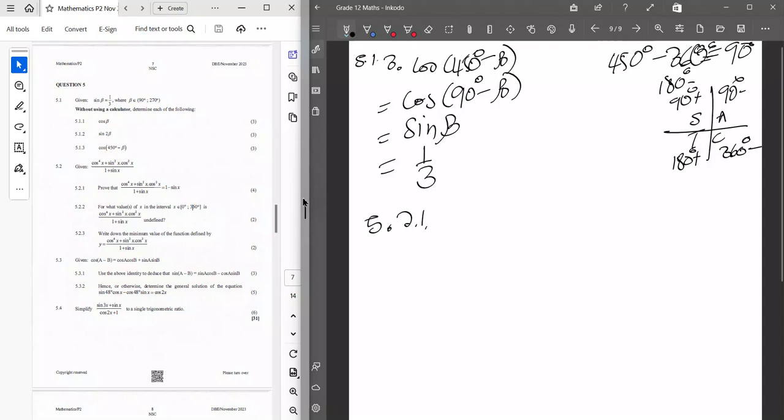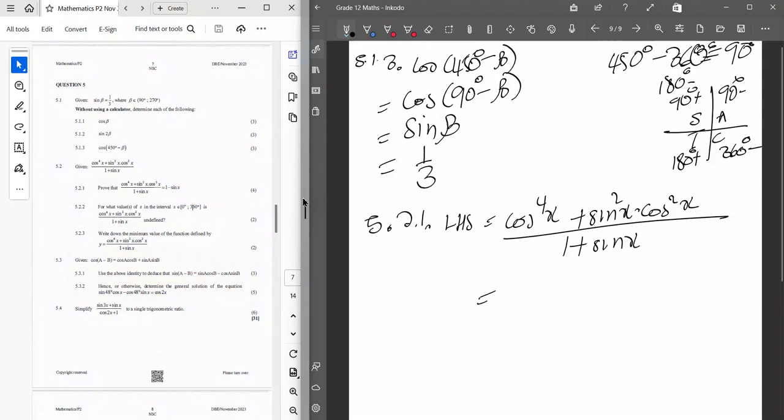So 5.2.1, we'll say the left-hand side is equal to cos to the power 4 x plus sine squared x times cos squared x, all over 1 plus sine x.